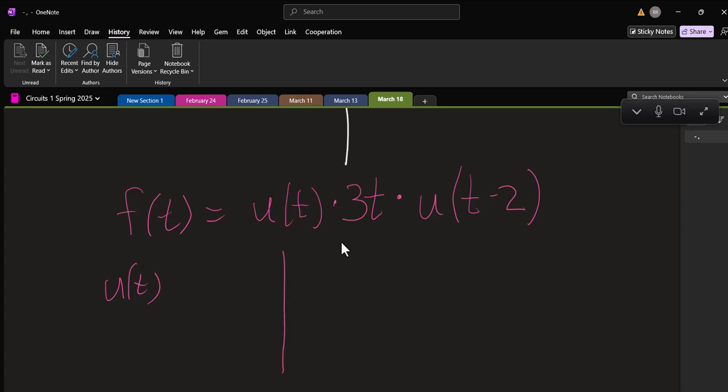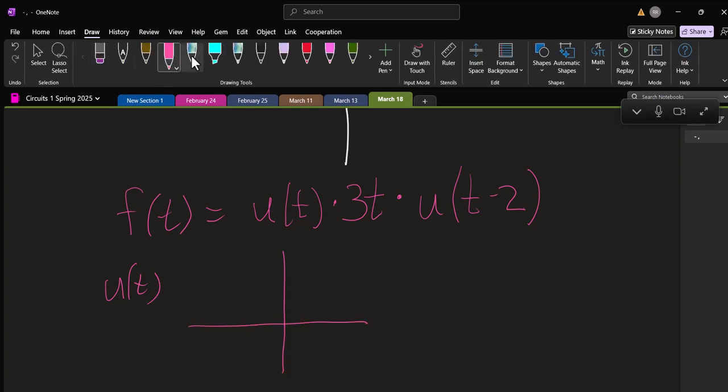What u of t looks like is 0 until you get to 0, and then it's 1. And then 3t looks like this.